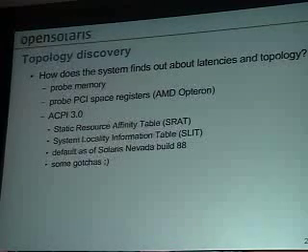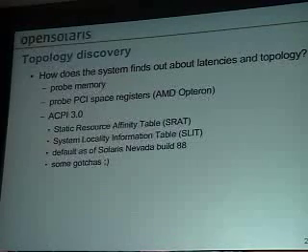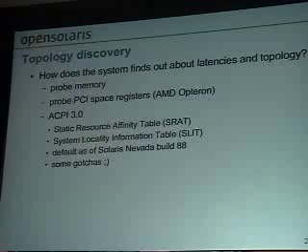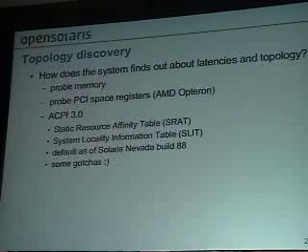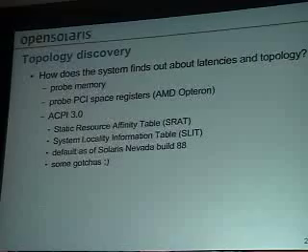You could also probe memory, which really doesn't work, because if you're going to probe memory for a system to find out the topology, you might end up probing from position 0 to 2 to the 64, which is going to take a while. Starting with Nevada build 88, we're implementing the ACPI tables, which contain 2 tables, the SRAT and the SLIT.